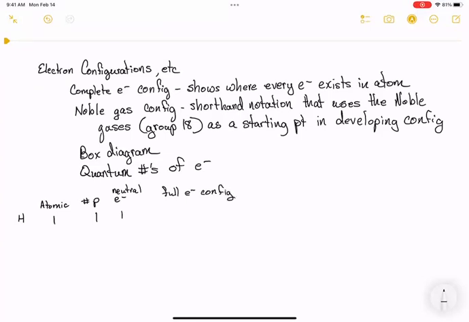According to Aufbau's principle, the electrons have to go in the lowest energy shell and subshell first. Well, the lowest energy shell is the 1. The lowest energy subshell within that first shell is the S. And we represent the electron as a superscript. So again, here you have your principal quantum number N. You have your L representation, and the superscripts tell you the number of electrons.